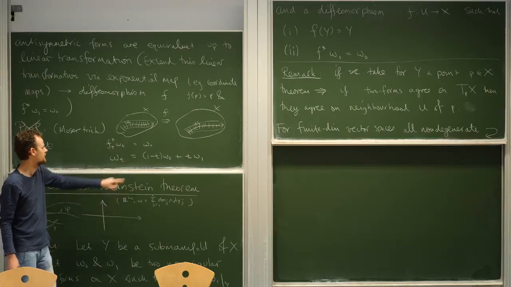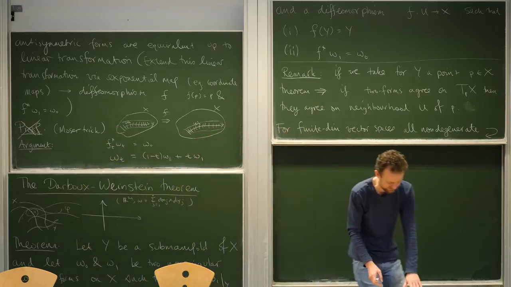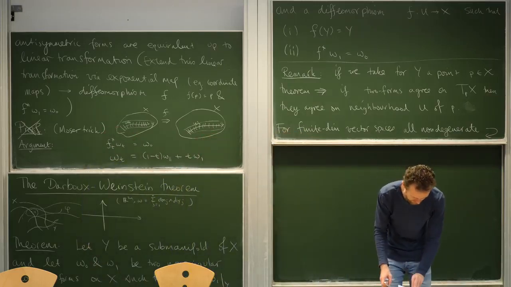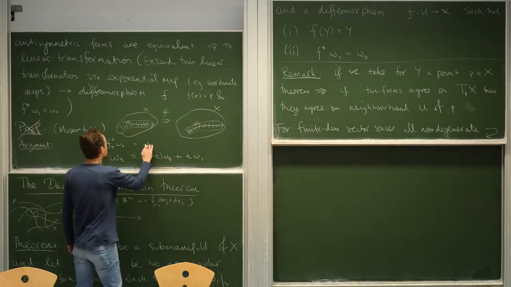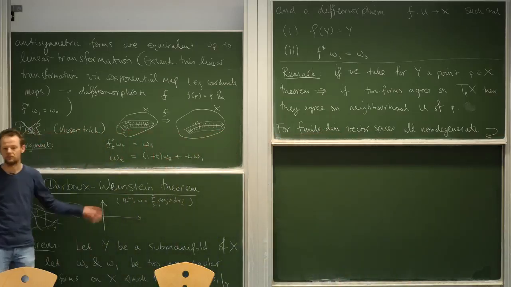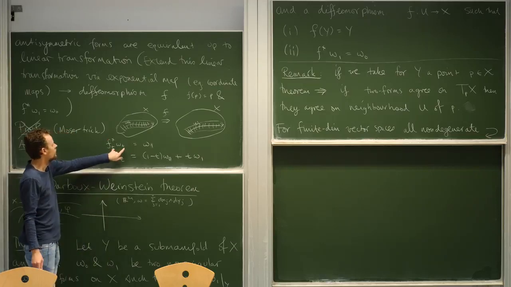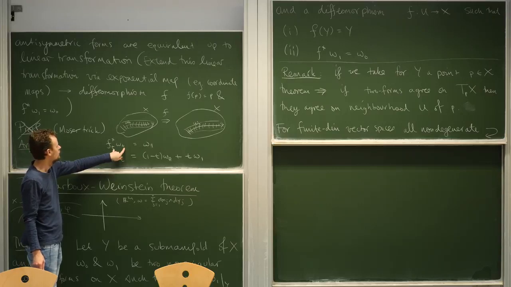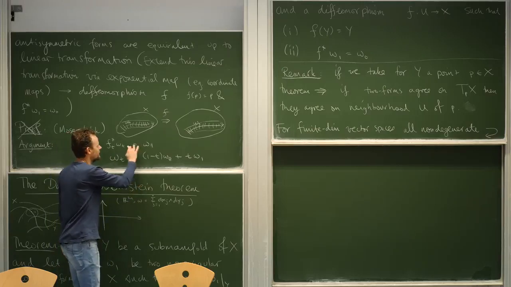I've got it the wrong way around, haven't I? Hang on. I'll try and be consistent with what I write later. So 1 minus t omega naught. Yeah, that was what I wanted. So we'll just do it this way. It doesn't matter which way we do it. So when t is naught, when t is 1, sorry, we want this to be true.